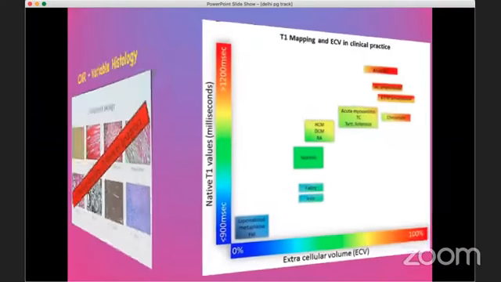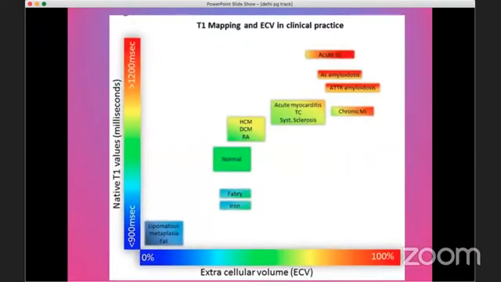But what we have is a very nice and unique technique which has come into the market about 5 years ago, and most of us are still getting to terms with it because it's an advanced mapping system seen only in the newest generations of MR, mostly in the 3T MRs, wherein we look at the native T1 values of the myocardium, and also we look at the extracellular volume, which is a parameter which is derived after you give gadolinium.